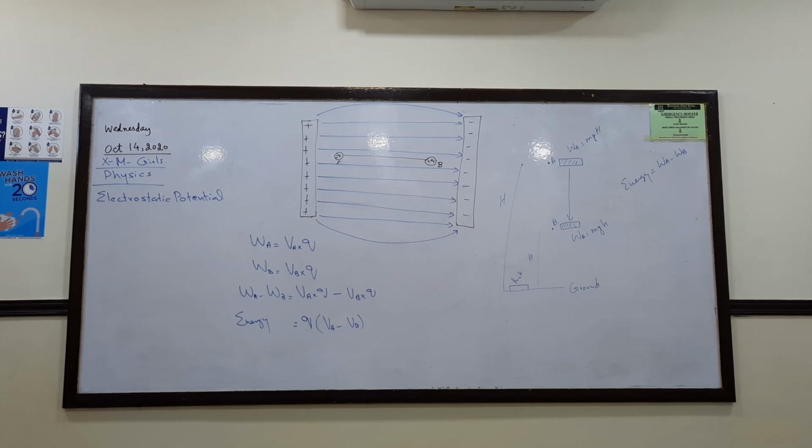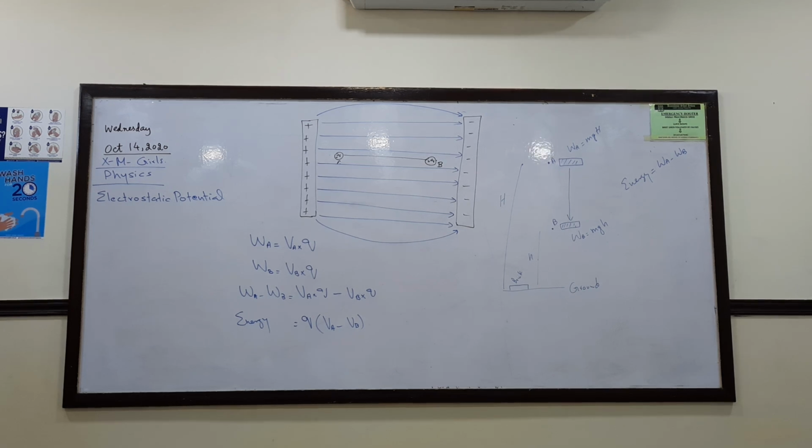Similarly, when a charge is released in an electric field, it moves from a point of higher potential, say A, to a point at lower potential, say B. If the potential of point A is VA and that of point B is VB, the potential energy of the charge at these points will be QVA and QVB, as you can see we have written there. The change in the potential energy of the charge when it moves from point A to point B will be equal to Q(VA minus VB).